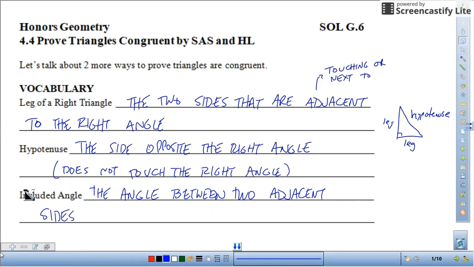And like I said, that's going to be in any triangle. If we look specifically at the right triangle, our right angle here would be the included angle between our two legs. But again, we could have any triangle, and the included angle is the one that's between the two adjacent sides that we're referencing.